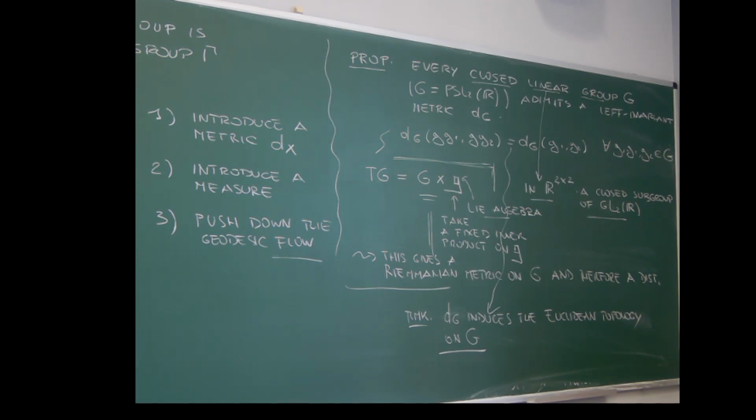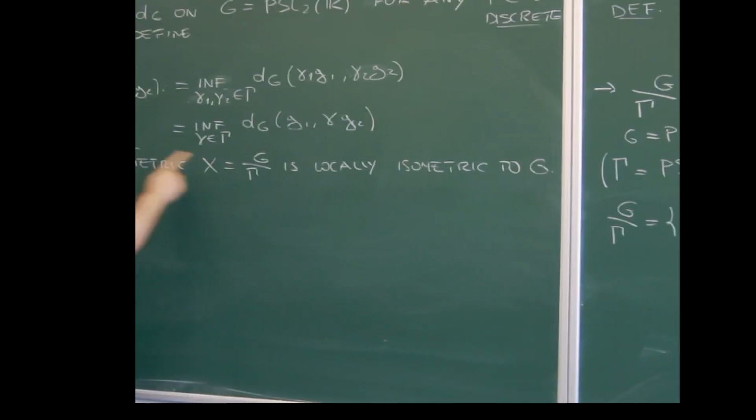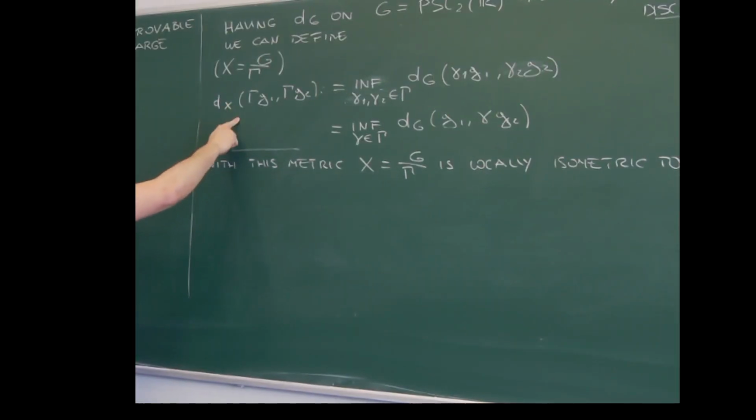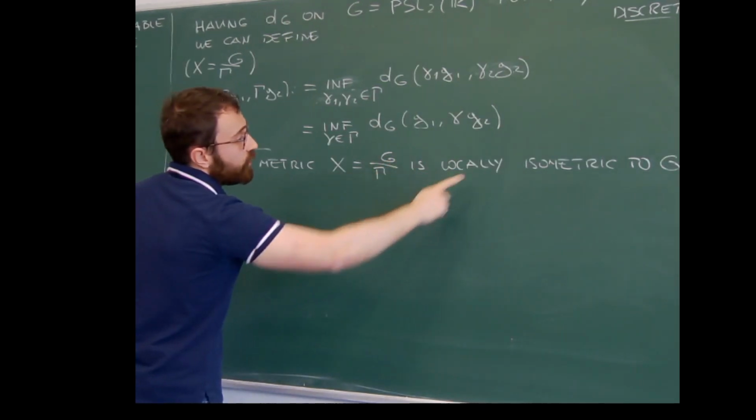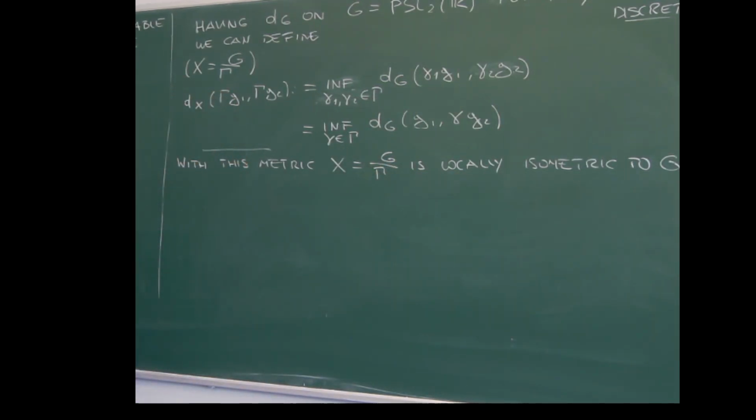Right. So the same will happen for this space here, in the sense that with this metric that we defined, the space G mod gamma is locally isometric to G. Okay, so let me state it more precisely.